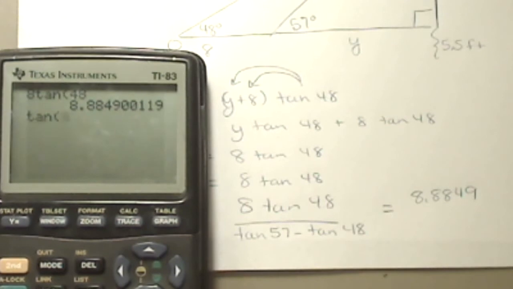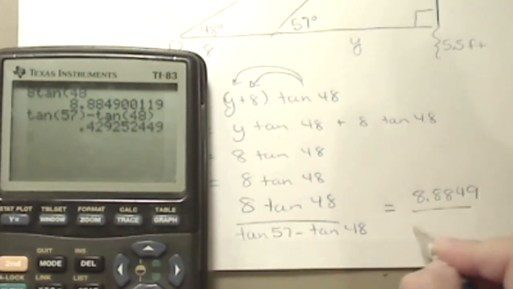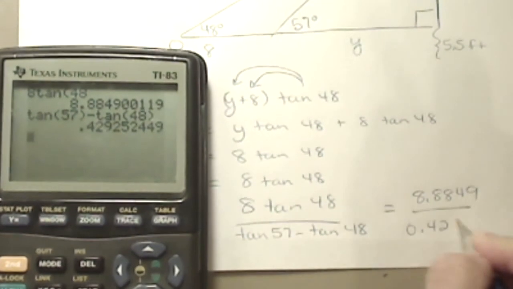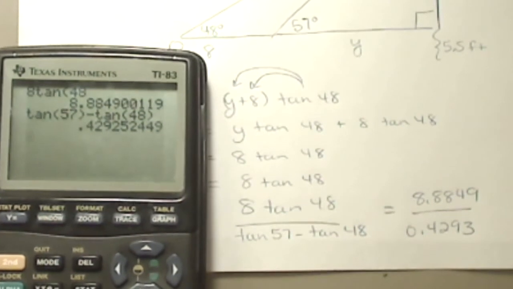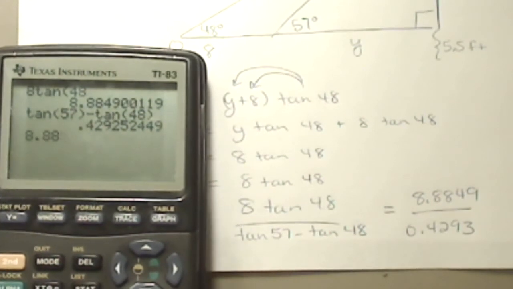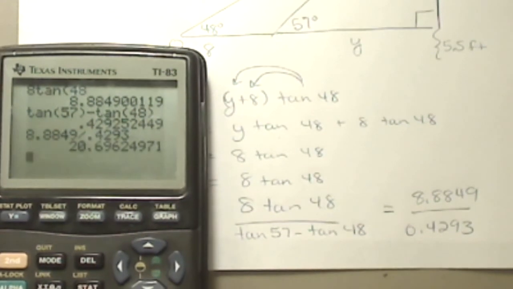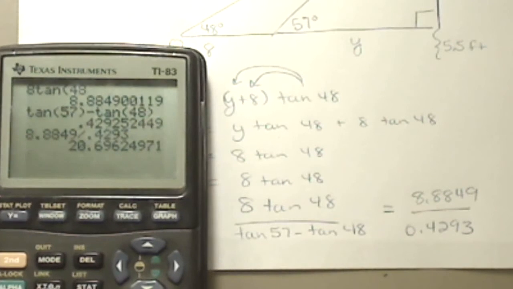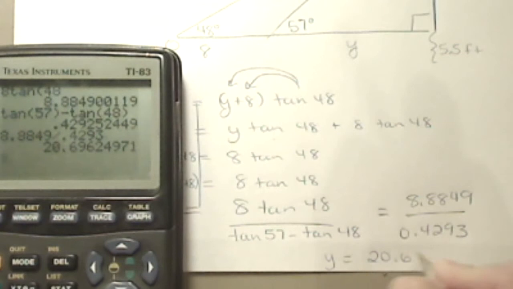Then I'm going to find the tangent of 57 minus the tangent of 48, and I get 0.4293, rounding that. A little division, 8.8849 divided by 0.4293. I get 20.696 as a value of y.